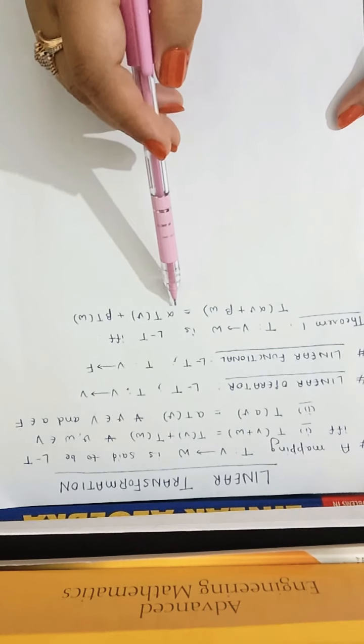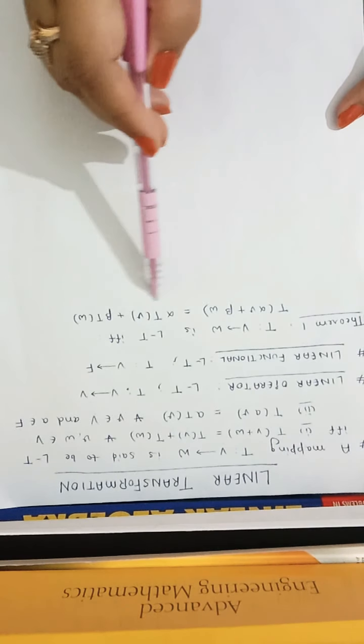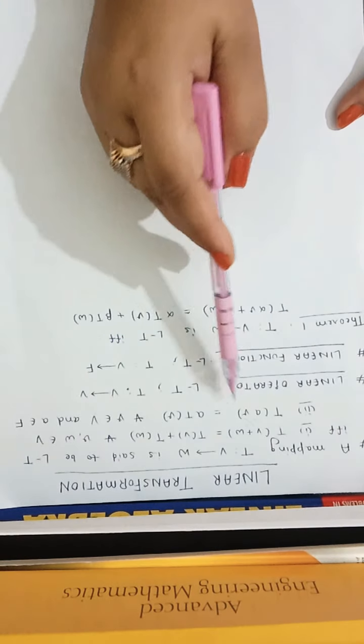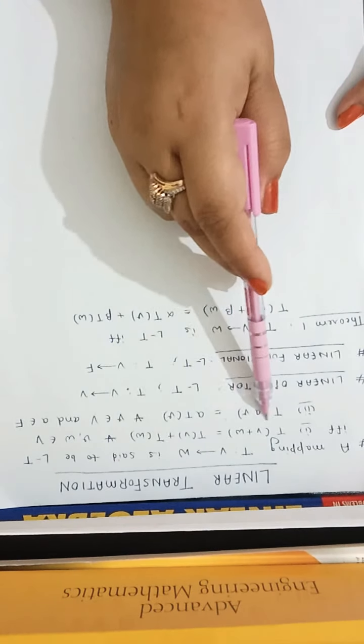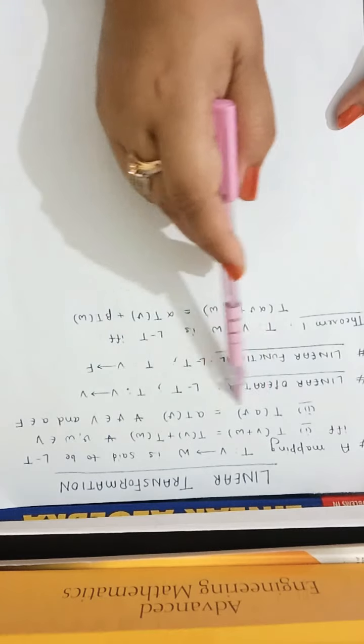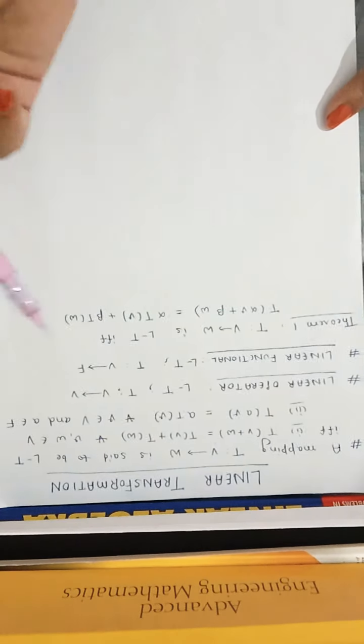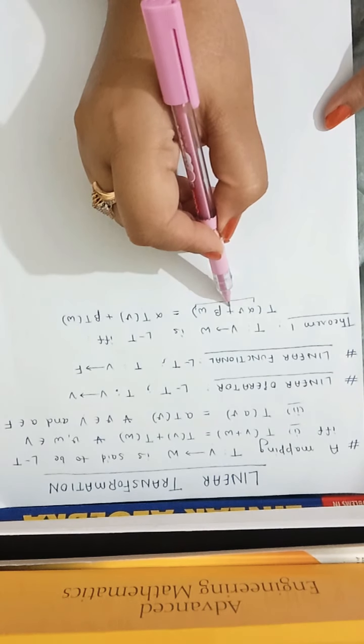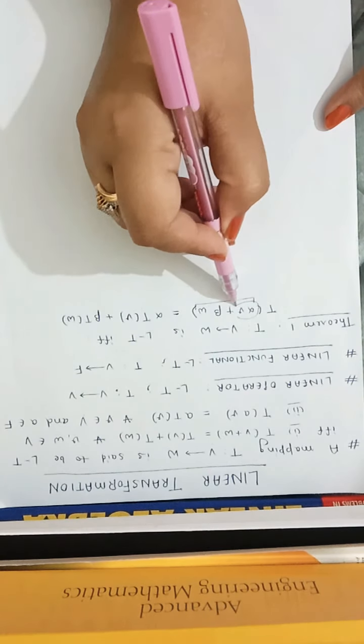Students, you can easily verify this property is a combination of the first two properties, that is, the property of addition and the homogeneous property over T, because it contains addition of two elements and scalar multiplication of two elements.